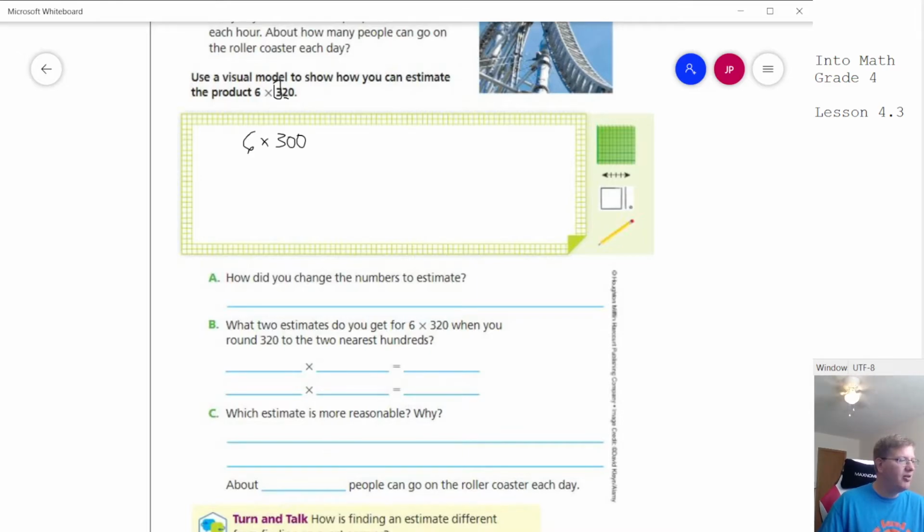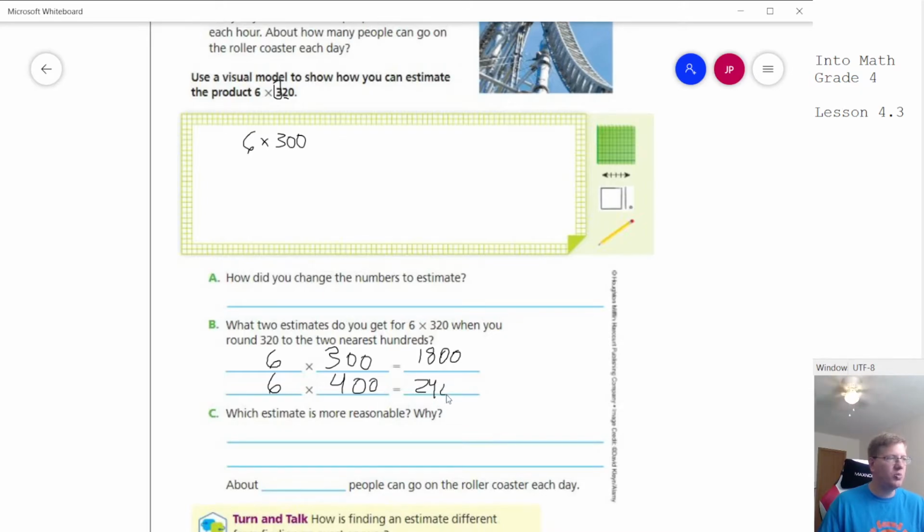And so for the first one of these, if I round down, which is what I'm actually going to do if I round correctly, we could do 6 times 300. The other way is because 320 falls between 300 and 400. If we were to round up, then we would do 6 times 400. So that would give us 1800 and 2400.